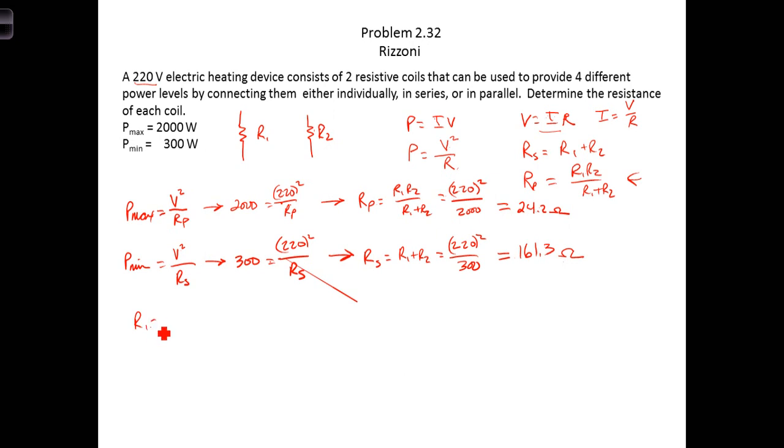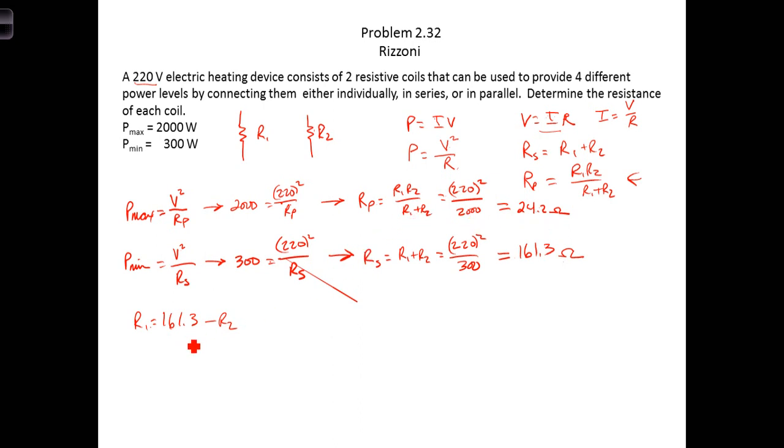Let's solve it for R1 by subtracting R2 from both sides. R1 is equal to 161.3 minus R2. Now we're going to take this expression for R1 and plug it into this equation right here. So we have R1 R2 over R1 plus R2 equal to 24.2.